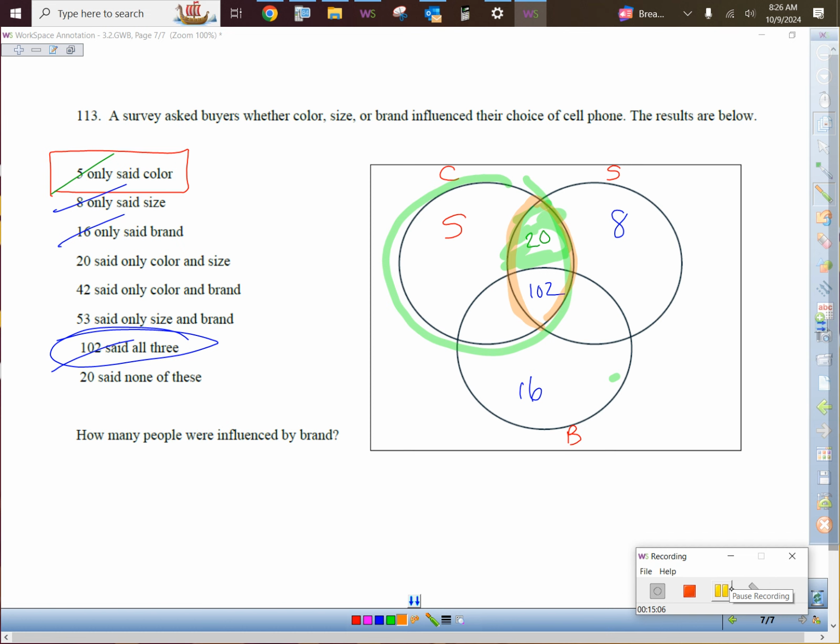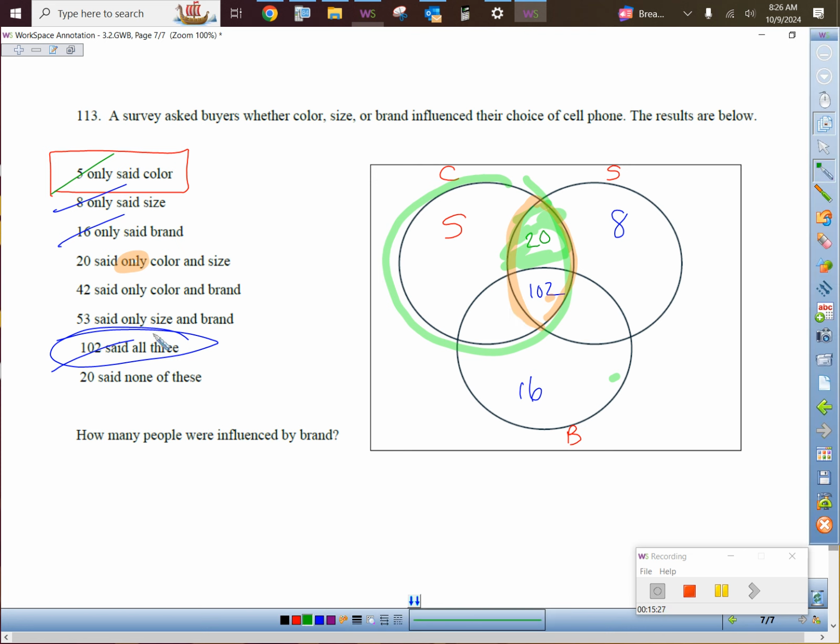What do we think? The magic word is only, right? 20 people said only color and size. This green spot is where color and size intersect each other. But if I put that other spot in there, brand snuck into the party, and we don't want to deal with that, right? So we were good there.